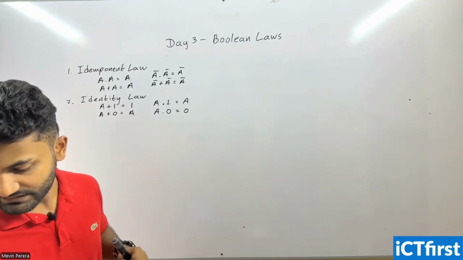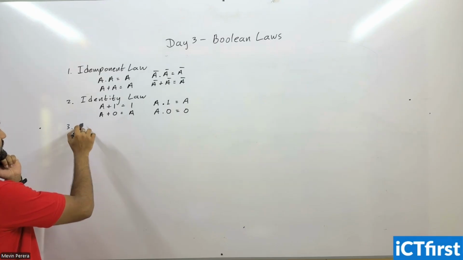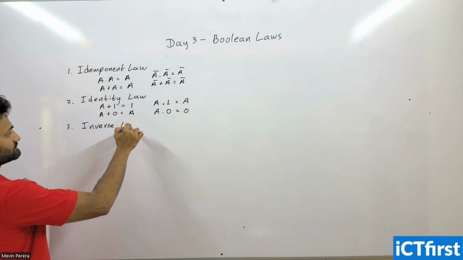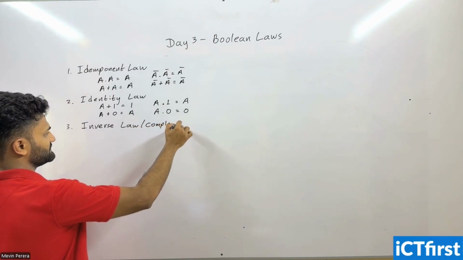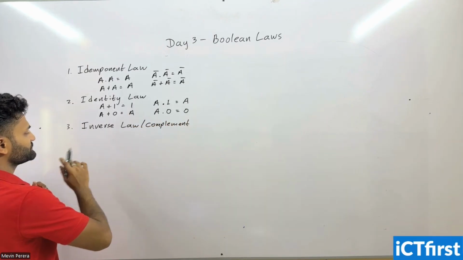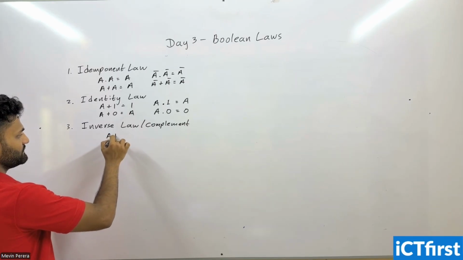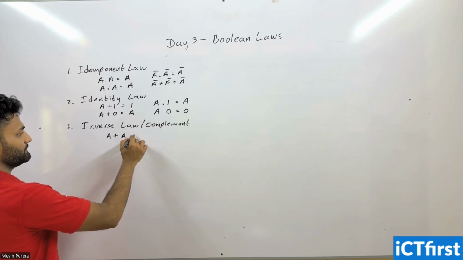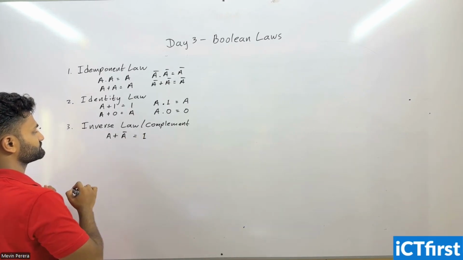Okay, so let's go to the next law, which is the inverse law, or we call it the complement law as well. What it says is A plus A bar is equal to 1.